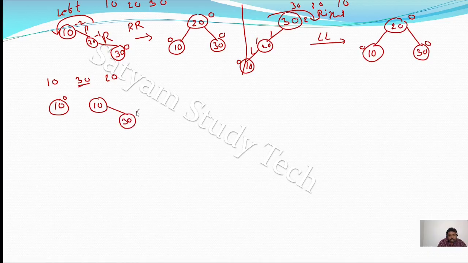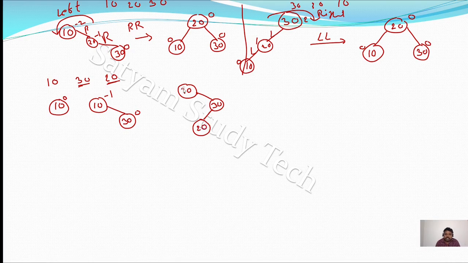After adding 30 you have to calculate the balance factor; the balance factor of 10 is minus 1. Then you have to add 20 here. Step by step we have to calculate the balance factor. If it is satisfied, then you have to add the next node. Then you have to add 20. Now you can see it is 30, and 20 is less than 30, that's why you can add 20 here.